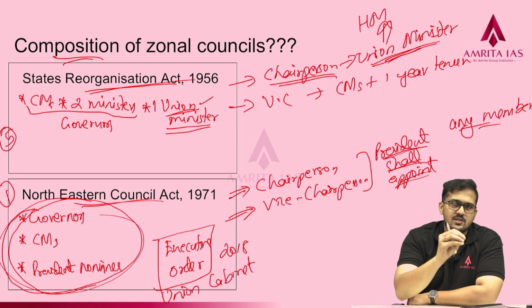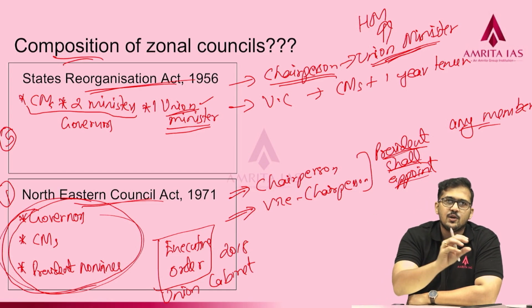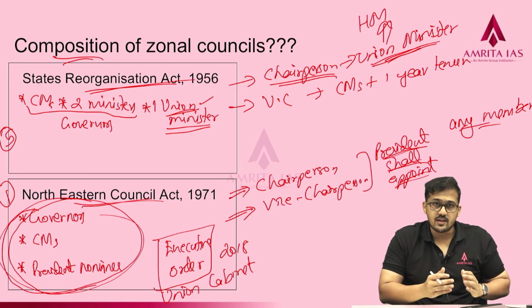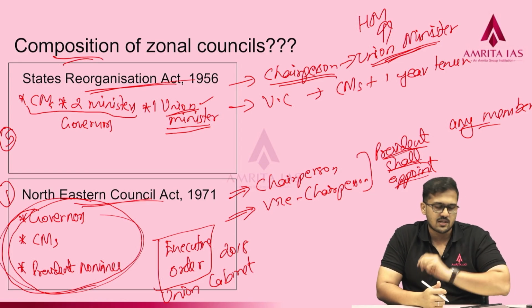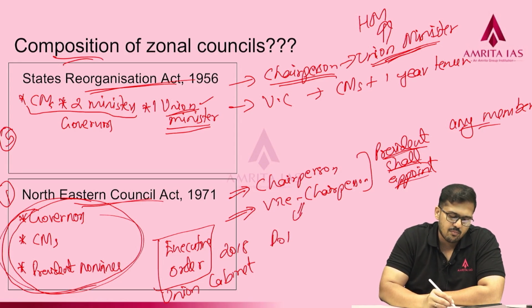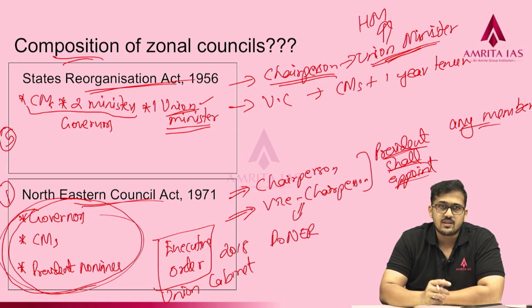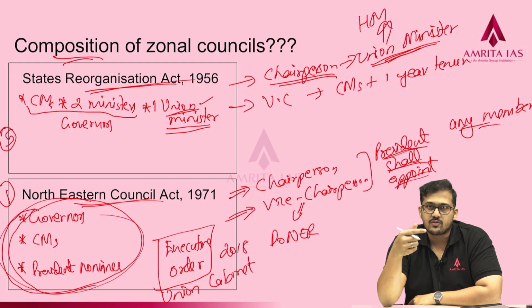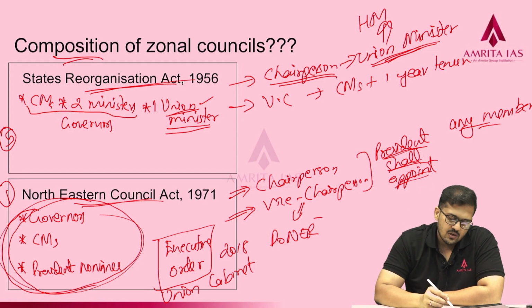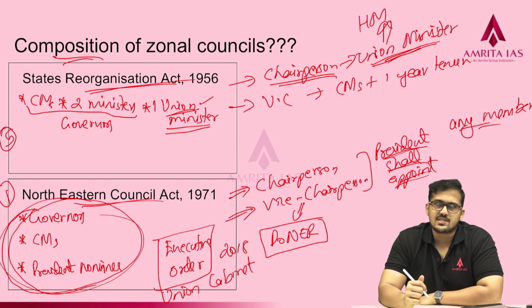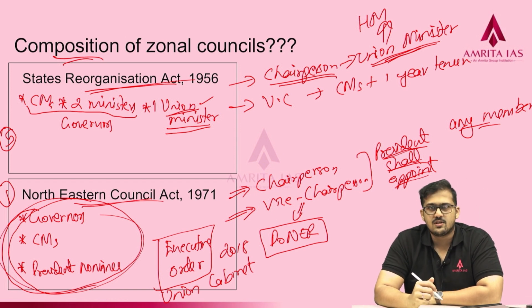So the Northeastern Zonal Council's chairperson shall be the Union Home Minister. That has been explicitly cleared by the Union Cabinet. Now comes the second one, the vice chairperson: the Minister for the Development of Northeastern Regions. That department is known as DoNER, Department for the Development of the Northeastern Regions. So the Minister in charge of DoNER shall be the ex officio vice chairperson of the Northeastern Council.